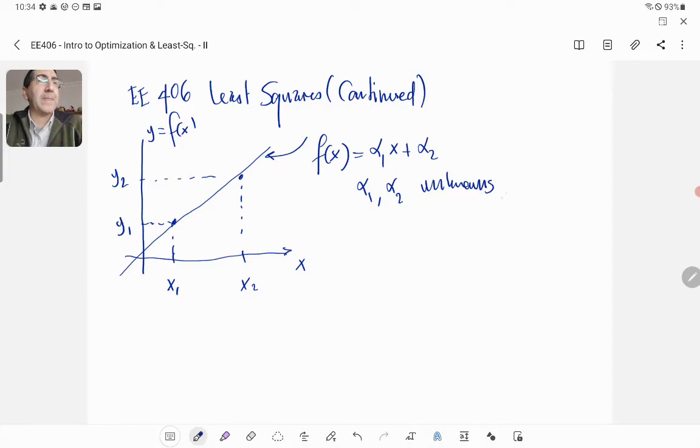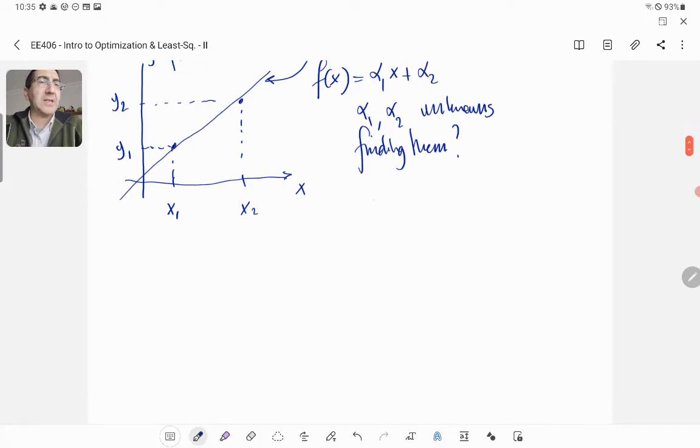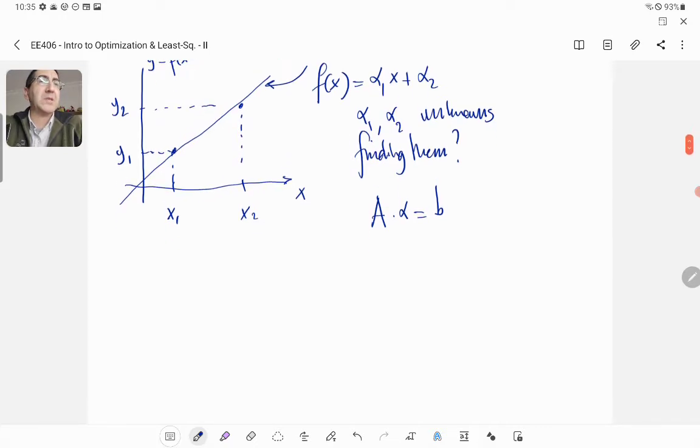and basically finding them is the problem. And if you have just 2 data points and 2 unknowns, this gets transformed into A times alpha is equal to b, where A and b are from the data points, and you get alpha being equal to A to the power minus 1 times b.